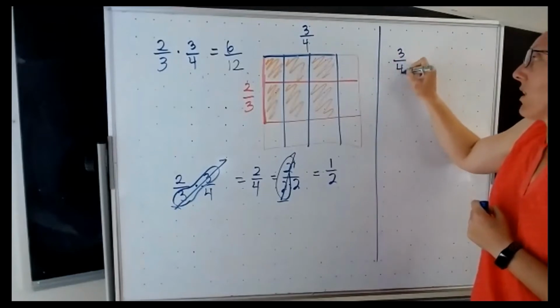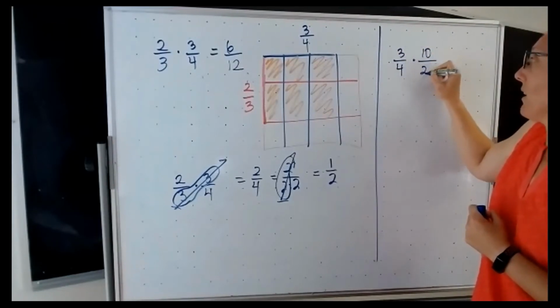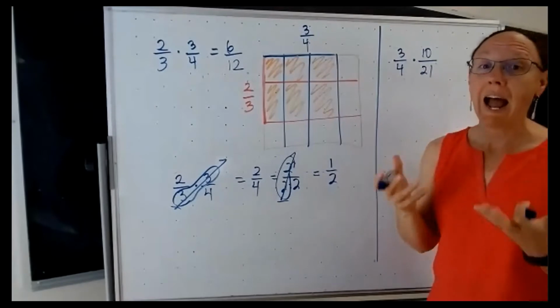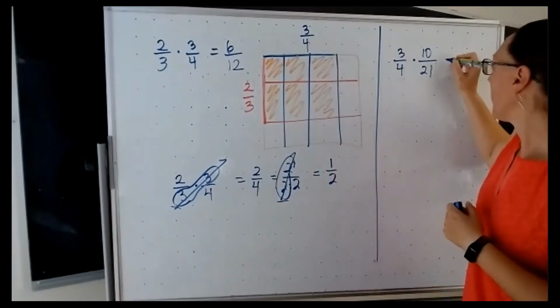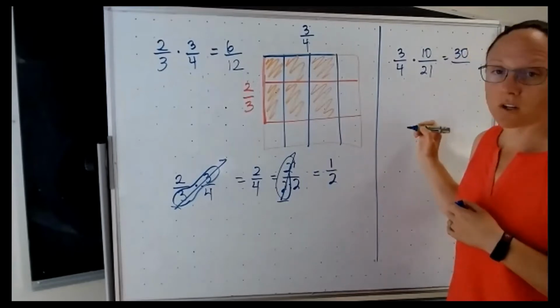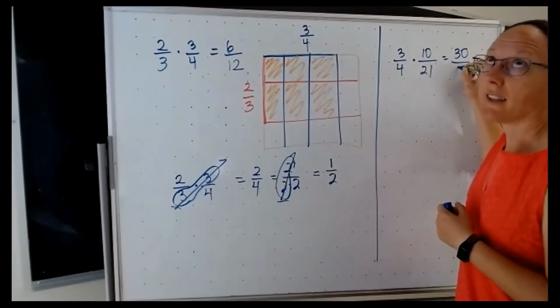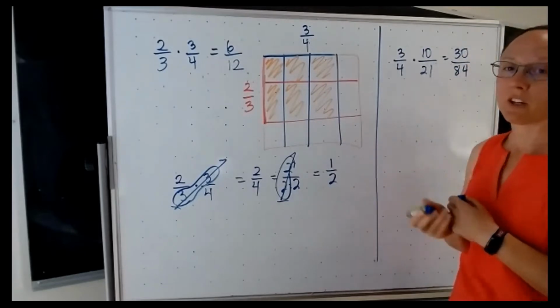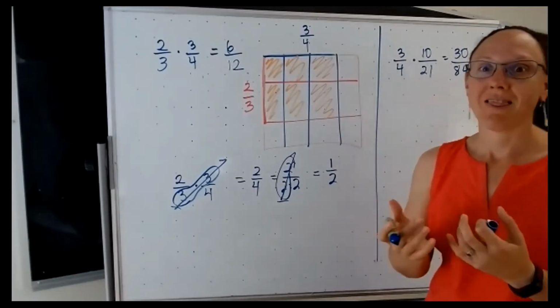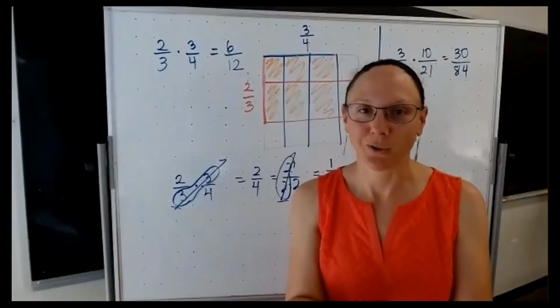So if I had 3/4 times 10/21, I could multiply these straight across and say 3 times 10, that's 30, 4 times 21, that's 84. And then somehow try to reduce that to lowest terms. That's never what I would actually do.